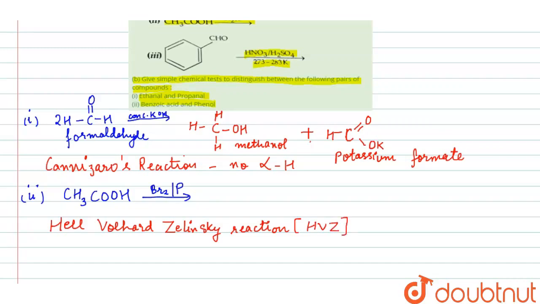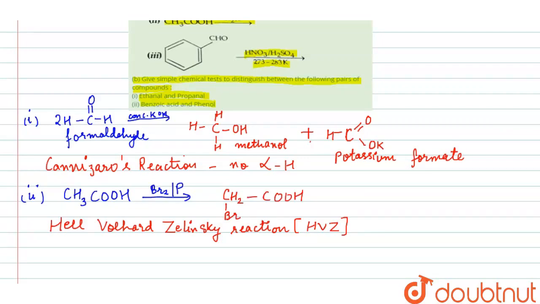In this reaction, there is alpha bromination of this carboxylic acid. There's an alpha carbon. So one hydrogen of this alpha carbon will be replaced by one bromine atom, and the compound formed will be CH2BrCOOH.